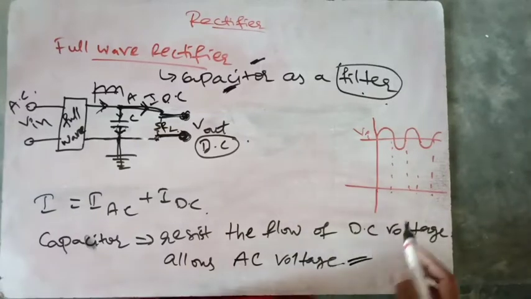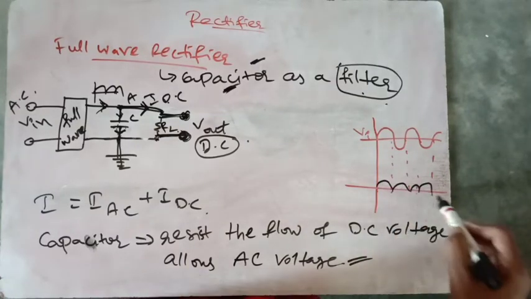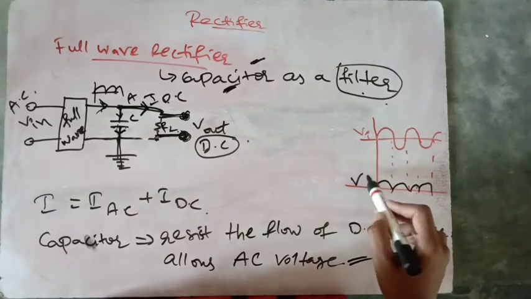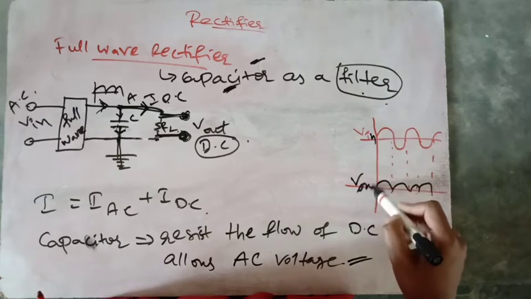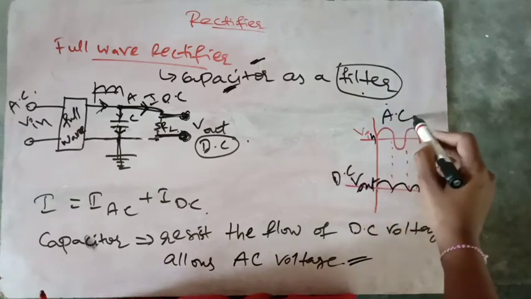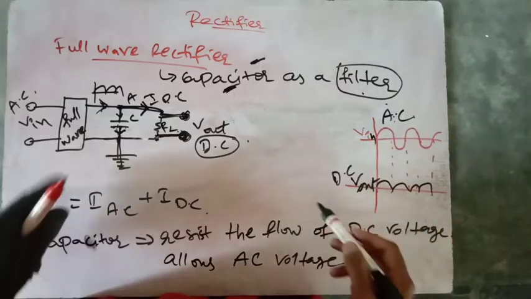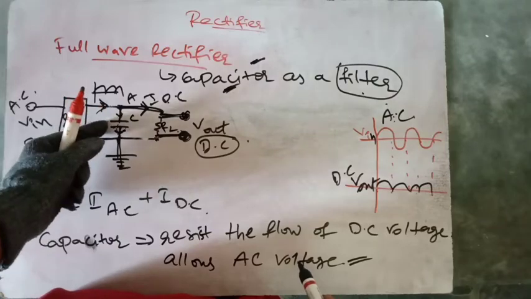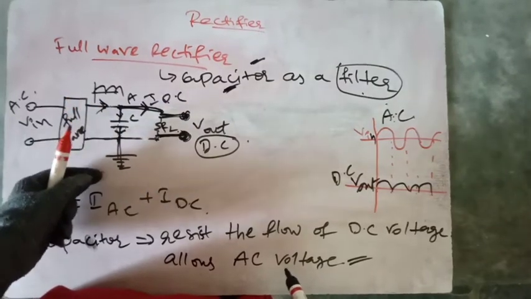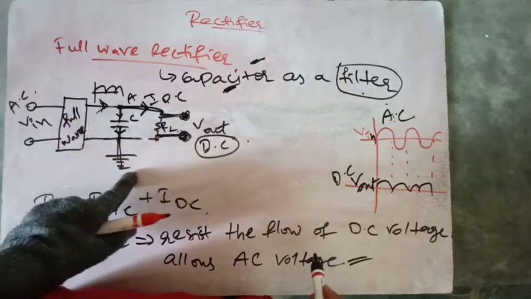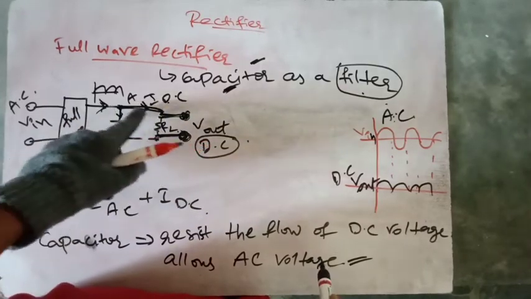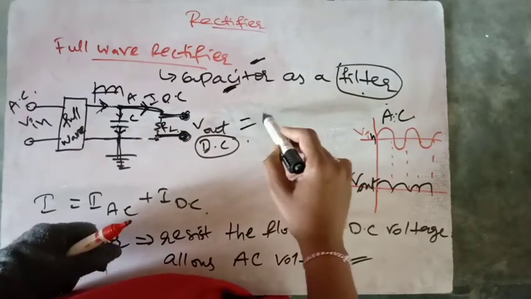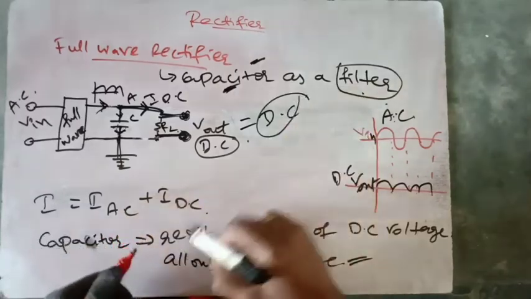So finally we have only a DC output voltage. We gave the AC input voltage, and the output had AC and DC components; using this capacitor as a filter, we grounded the AC part, allowed the DC current through the load resistor, and finally obtained a DC output voltage.